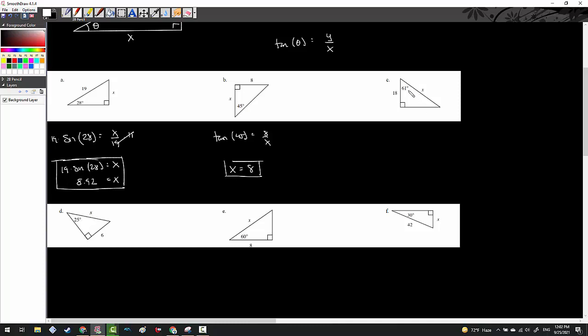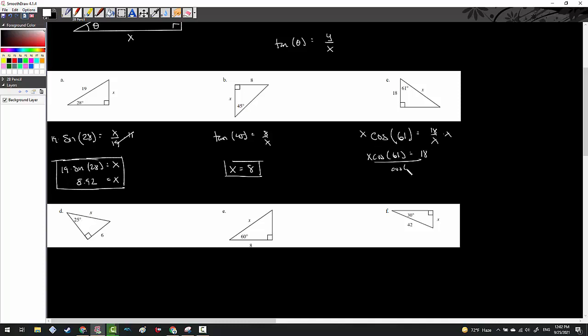In C, the top angle is 61 degrees. From 61 degrees' perspective, I've got an angle that's adjacent, and I've got a hypotenuse. Angle, adjacent, hypotenuse tells me that I'm dealing with cosine. Cosine of 61 is equal to adjacent over hypotenuse, which is 18 over x. So I'll multiply both sides by x, so x cosine 61 is equal to 18.